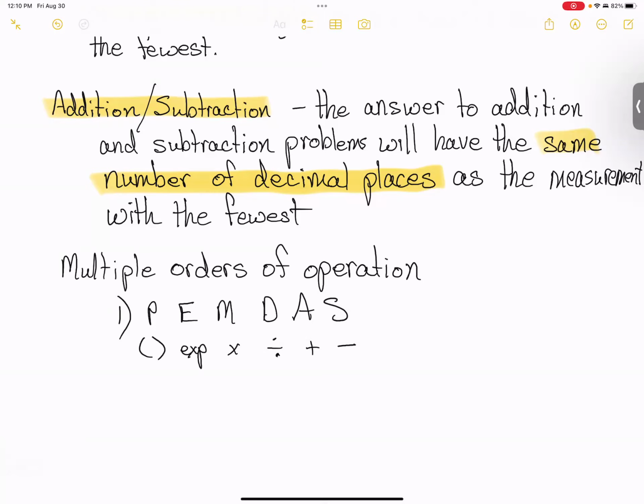Now, when we're working with PEMDAS, you follow this direction. However, when it gets down to the multiplication and division, if you have multiplication and division in the problem, you move left to right.